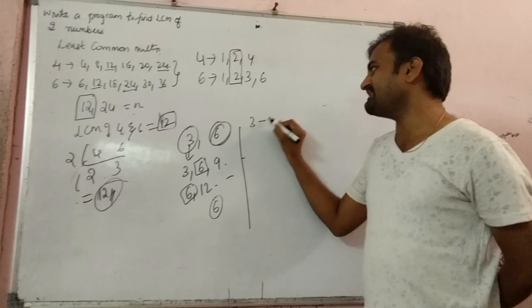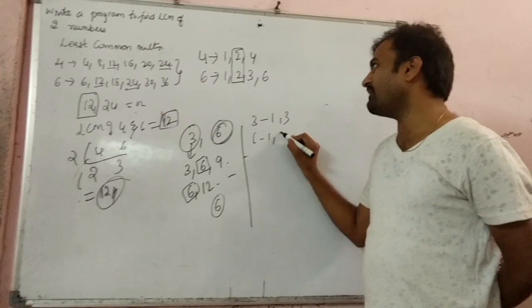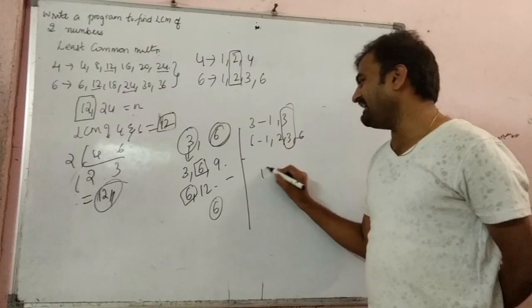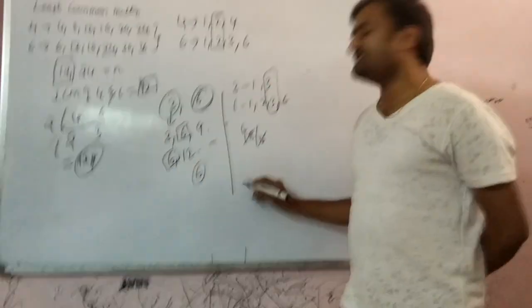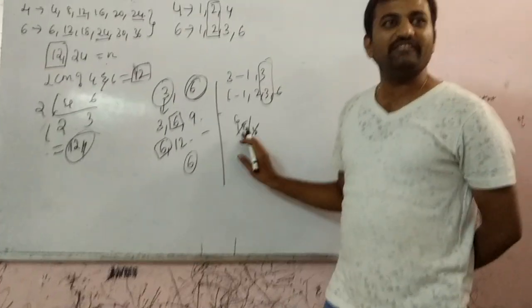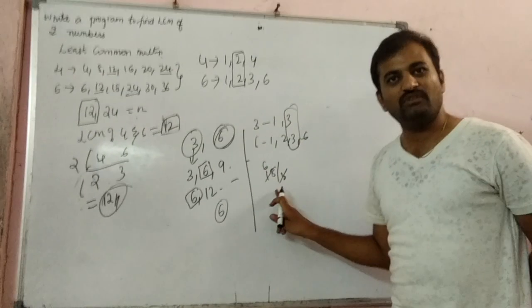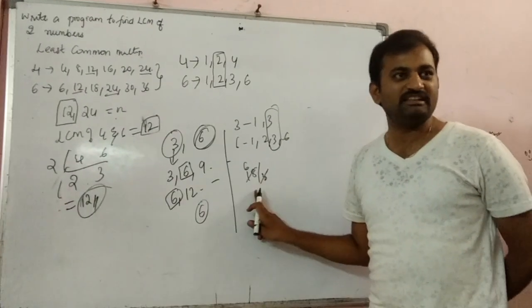The factors of 3 are 1, 3 and of 6 are 1, 2, 3, 6, so the GCD is 3. So 18 by 3 is 6. So whenever one number is prime and another is composite, the formula we have taken is right.